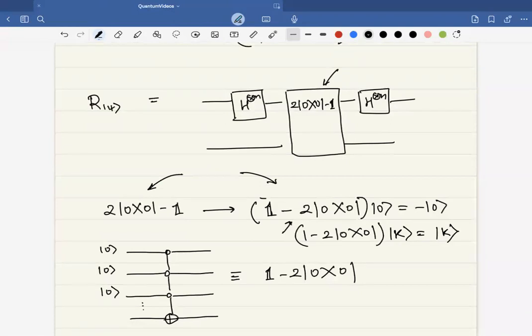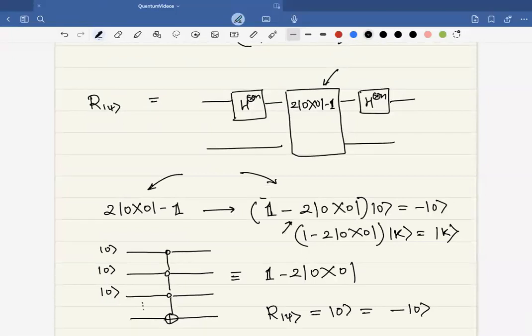You can check that if the 0 input is there, then due to the same phase kickback, R psi of 0 will go to minus 0.